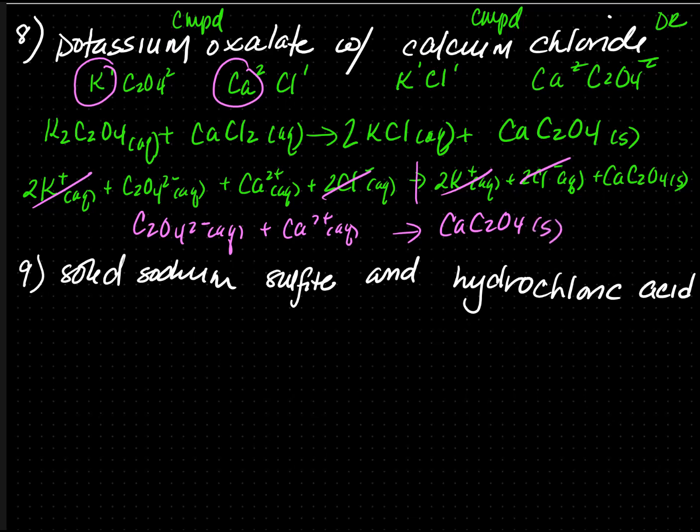This is our net ionic equation. Our spectator ions are the two that we crossed out, K plus and Cl minus. And the driving force is the formation of a solid or a precipitate. So for number 9, we're going to determine the type of reaction.